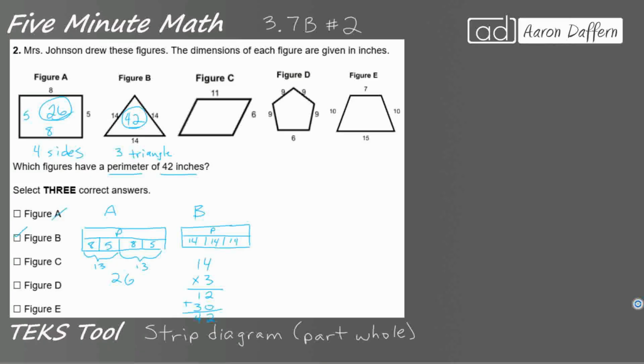2 more to go. Figure C is a parallelogram, and it's got 4 sides, which means for my part whole we are going to have, just like A, 4 different sides. Just like we did with the rectangle, the opposite sides are congruent.